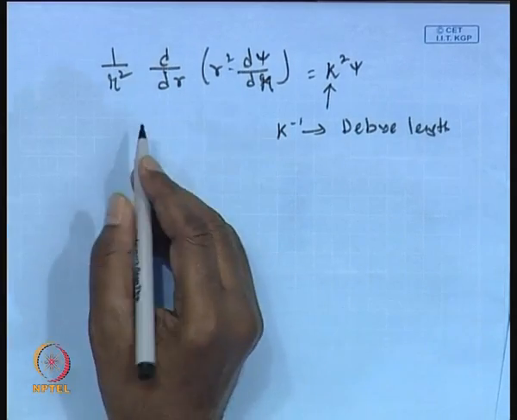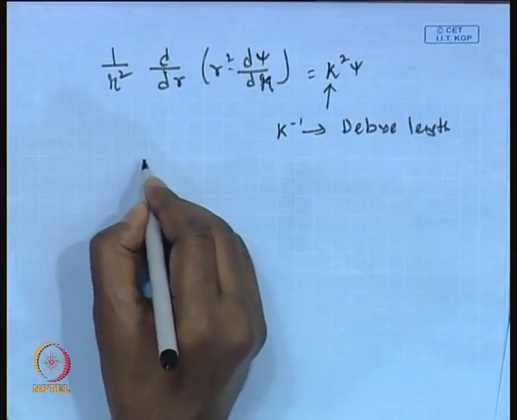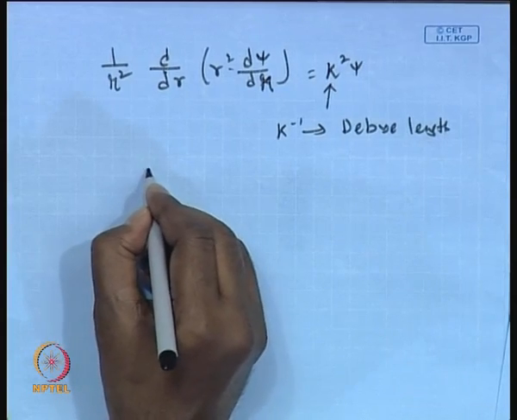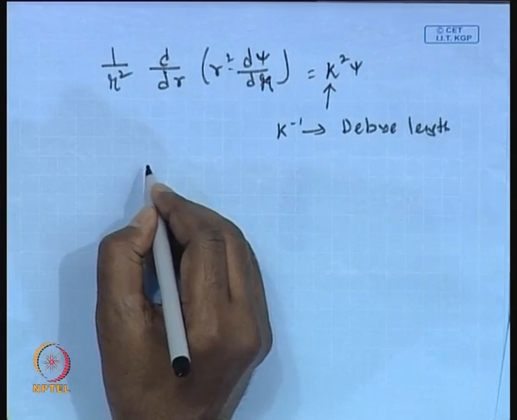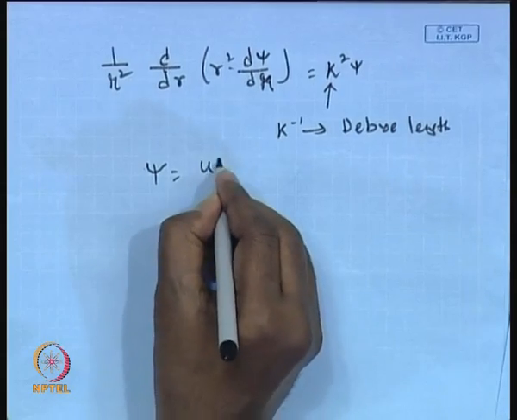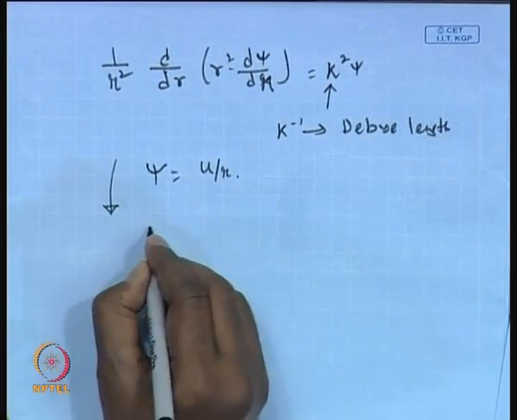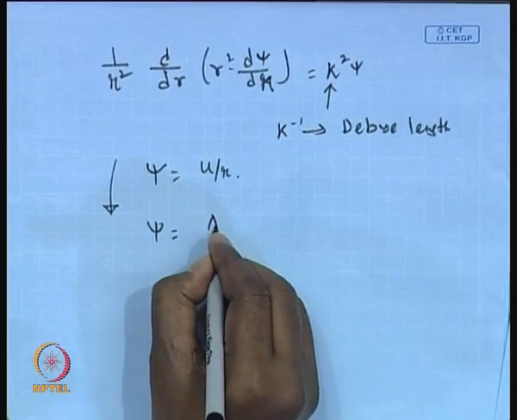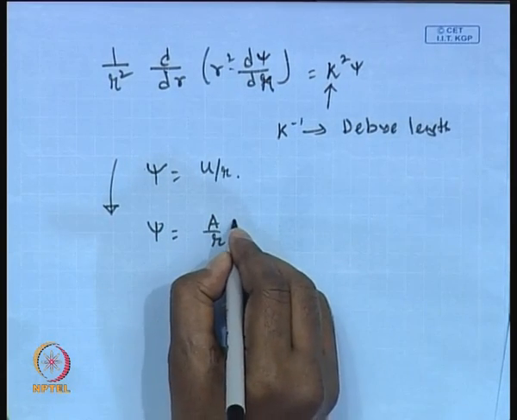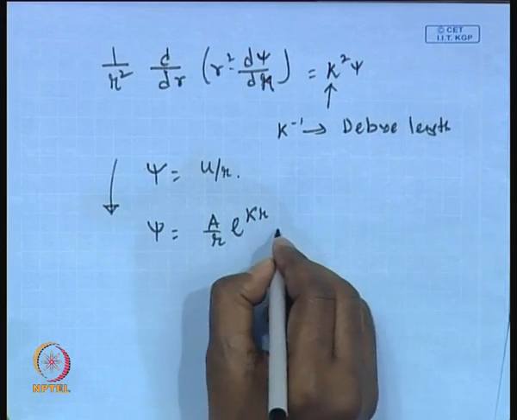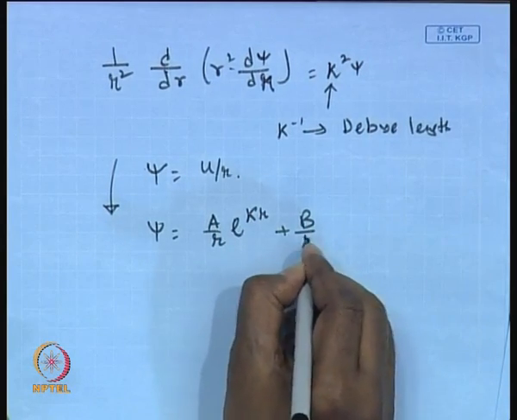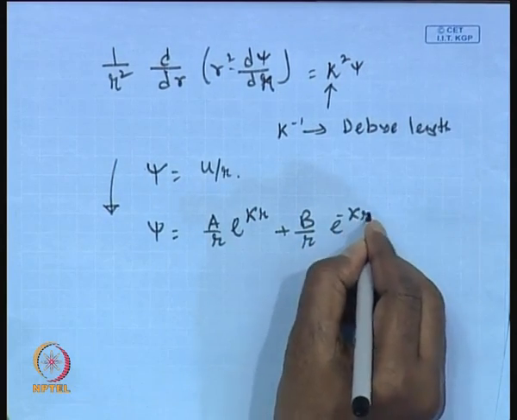And if you define a dummy variable, psi is equal to u over r, the solution becomes very simple: psi is equal to A by r e to the power kappa r plus B by r e to the power minus kappa r.